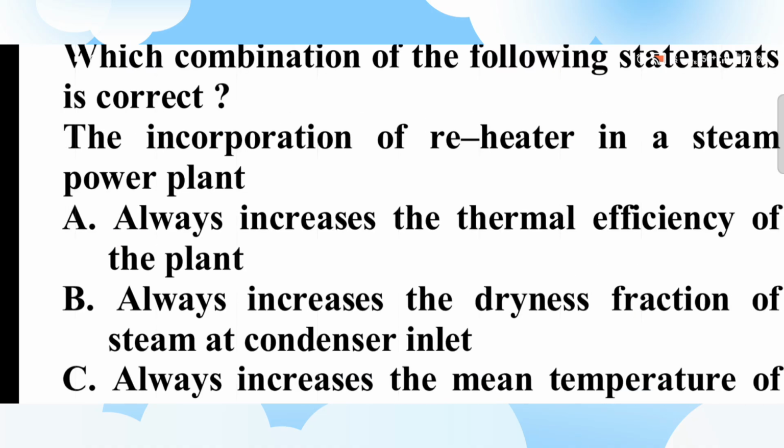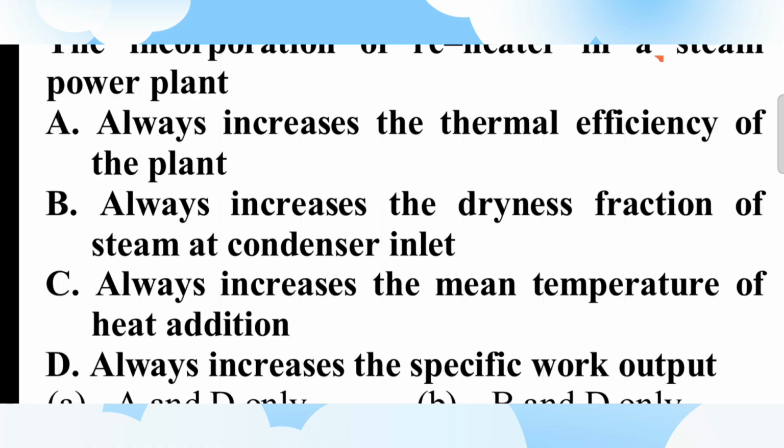Next question. Which combination of the following statements is correct? The incorporation of a reheater in a steam power plant. What happens by using a reheater? A. Always increases the thermal efficiency of the plant. B. Always increases the dryness fraction of the steam at the condenser inlet.